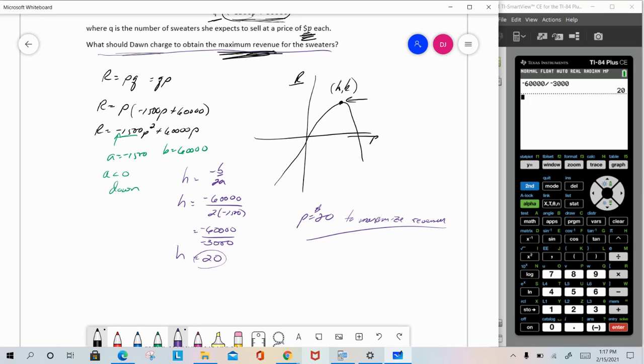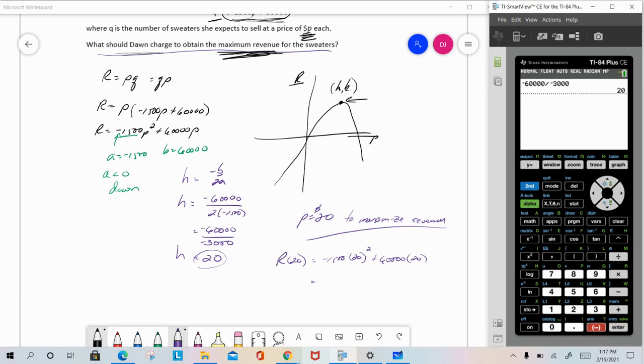Now, the question doesn't ask this, but if I want to know what the maximum revenue would be, that would be the revenue at $20. So that would be negative 1,500 times 20 squared plus 60,000 times 20.